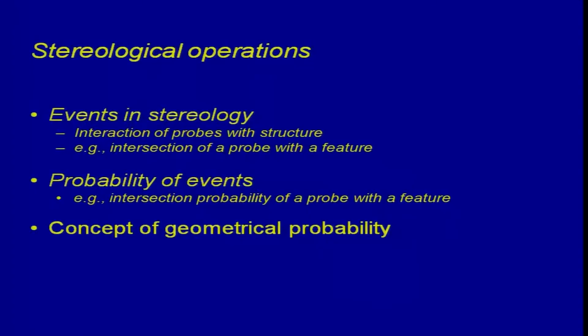What is the probability of a point falling inside a certain phase, inside a certain kind of particles in the microstructure? And hence we bring in the concept of geometrical probability, which is no different from our classical definition of probability, as we shall see.